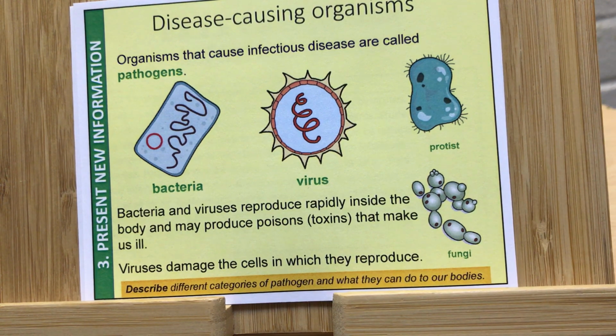They can produce toxins that make us feel ill, and viruses actually damage the cells in which they reproduce. So we'll talk later about antibiotics not being able to kill viruses, only being able to kill bacteria, and that's because viruses get inside our cells and reproduce inside our cells, damaging those cells. So 4 types of pathogen: bacteria, virus, fungi and protist.